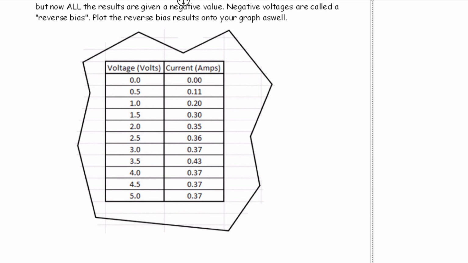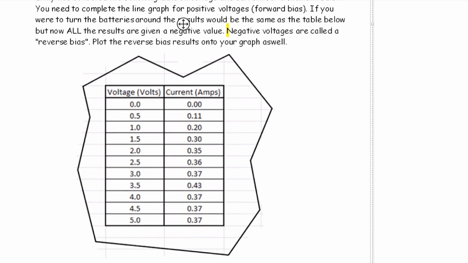Let me explain what that means. Negative voltages are called reverse bias. It says plot the reverse bias results on your graph as well. So you're plotting this table here.